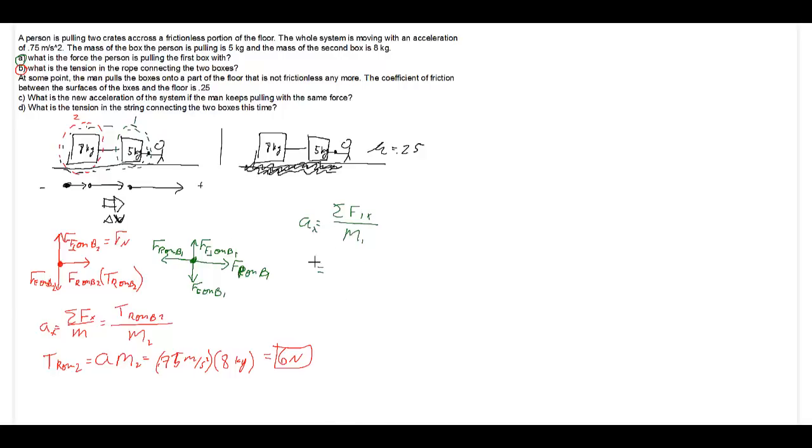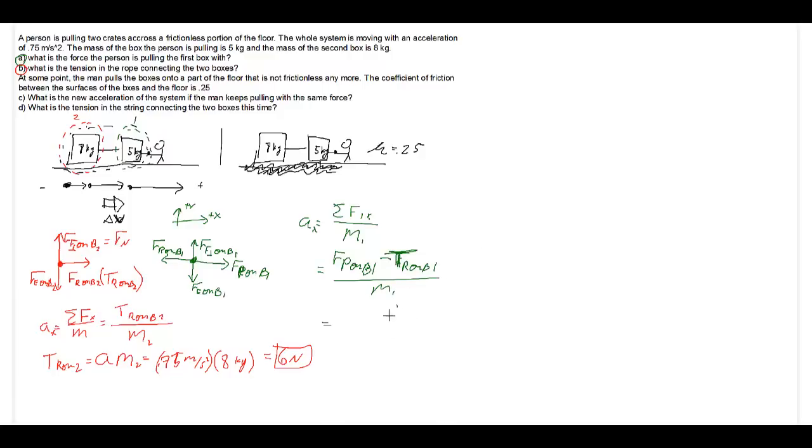Now the sum of the forces exerted on box 1 are the force of the person on box 1, minus, since we make this positive to the right and up, and negative to the left and down, the force of the rope on box 1, or the tension on box 1.